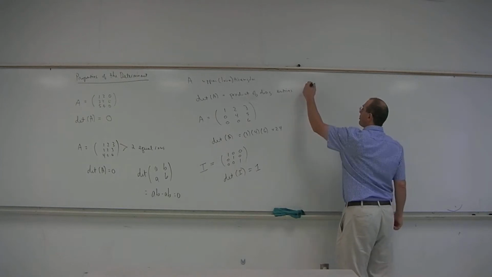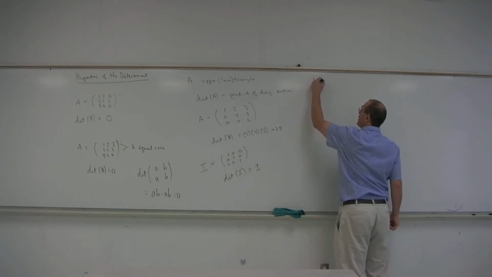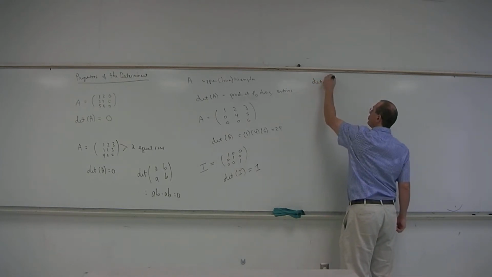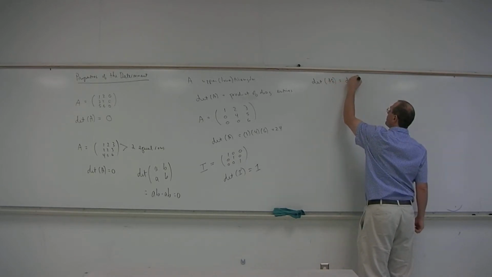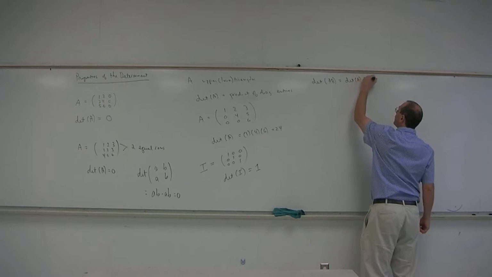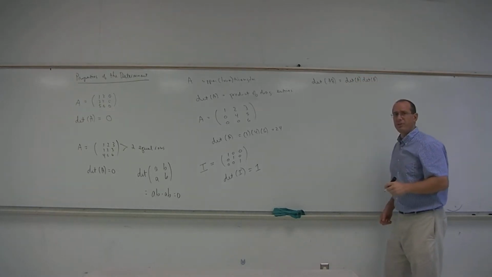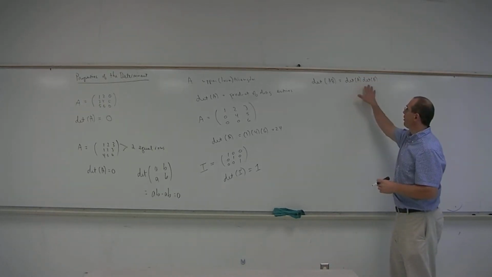A major property is that the determinant of a product of two matrices is the product of the determinants. This is not an obvious property at all, but it is a very powerful property.